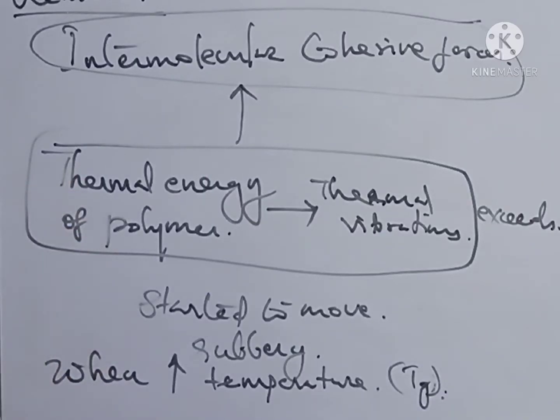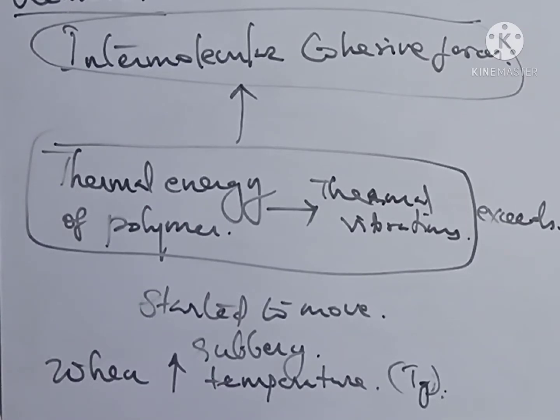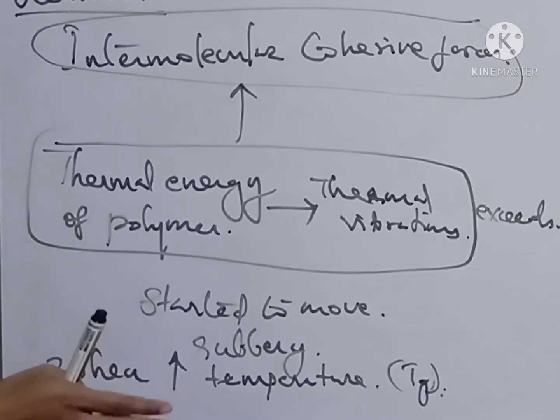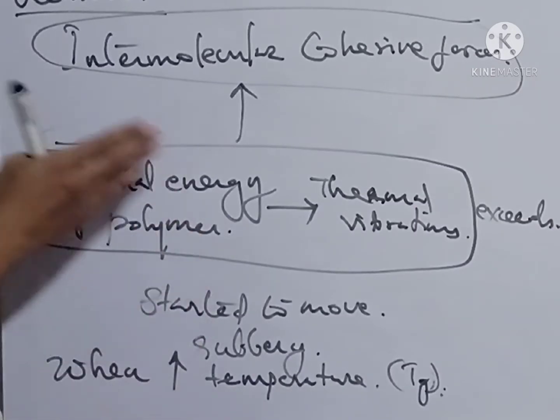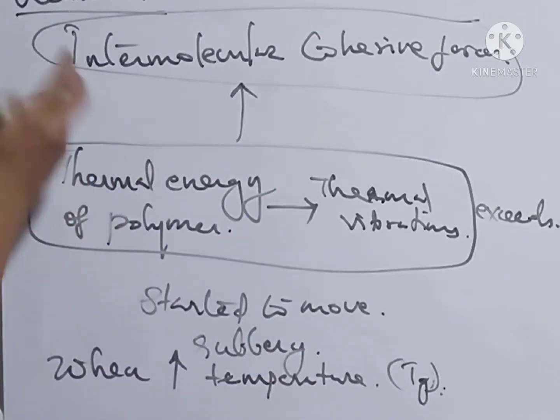So when the polymer is less flexible, or when the degree of freedom of the polymer is less, then we have to give more thermal energy to exceed the intermolecular cohesive force. That is why glass transition temperature increases when flexibility decreases.